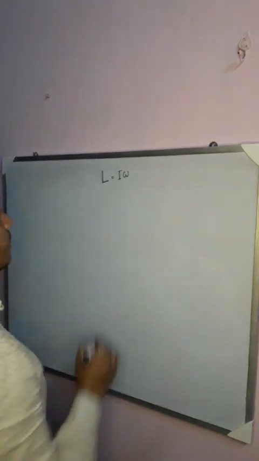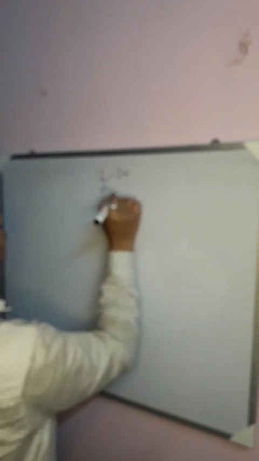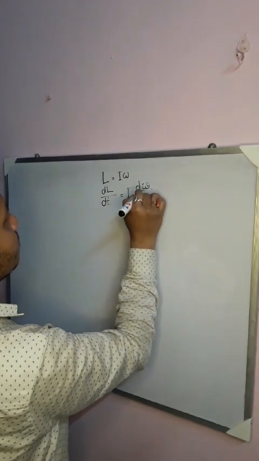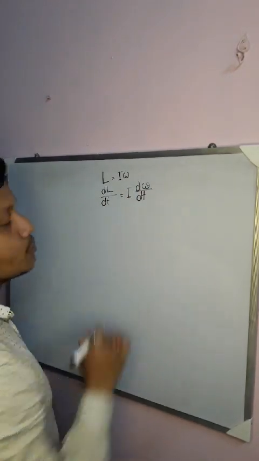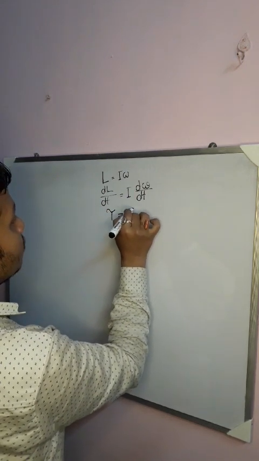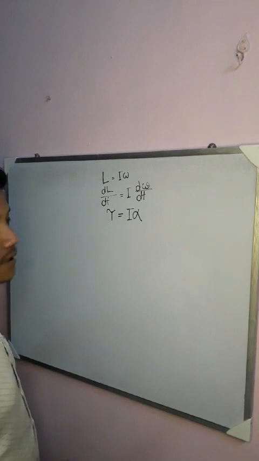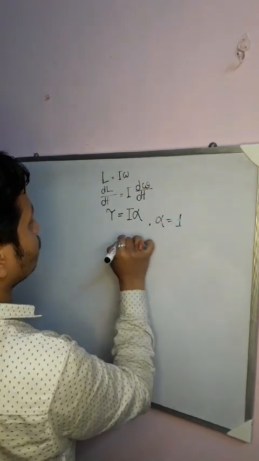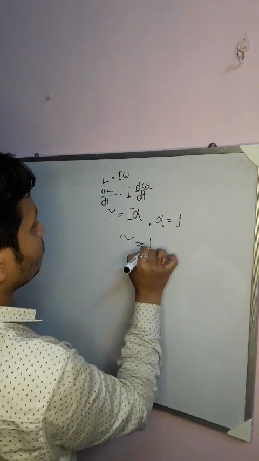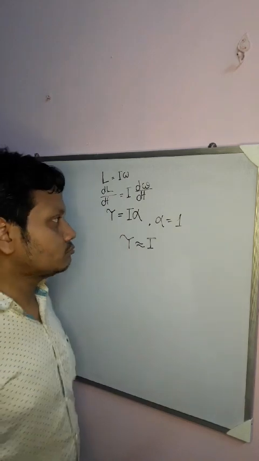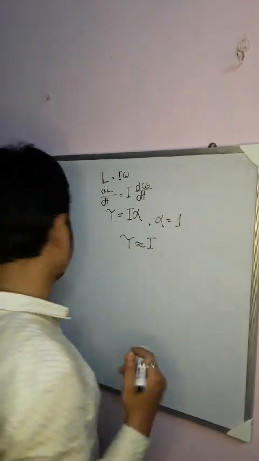By differentiating this expression with respect to t, we also get another relation, that is I d omega by dt. The rate of change of angular momentum means torque, and the rate of change of angular velocity means angular acceleration. We find that for unit angular acceleration, the torque is numerically equal to the moment of inertia. That we have found. So let us discuss another issue.